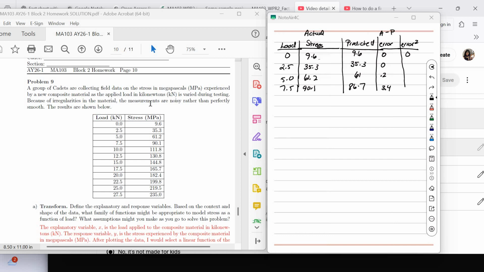Next step is to put these guys squared. 0 squared is 0, 0 squared is 0, 0.2 squared is 0.04, and I did that on a calculator because I'm not thinking. And then 3.4 squared is 11.56.